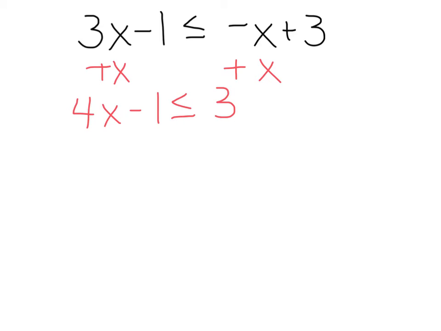The next move I could do would be to add 1 to both sides. If I add 1 on the left, my variable is isolated because the negative 1 and positive 1 zero or cancel each other out. And on the right hand side, I end up with 4.